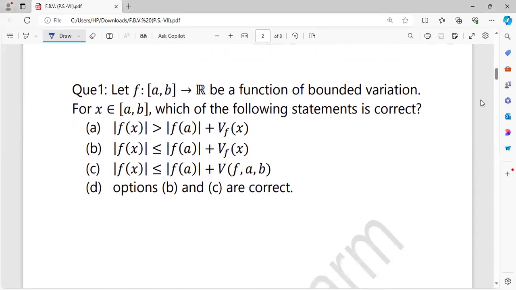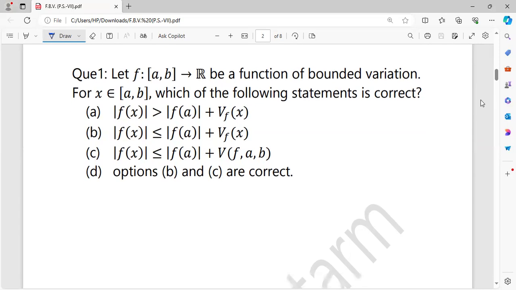So question number 1 is, let f be a function of bounded variation for every x belongs to closed interval [a, b]. Which of the following statements is correct? Option 1: absolute value of f(x) is greater than absolute value of f(a) plus Vf(x), the variation function of f at x.